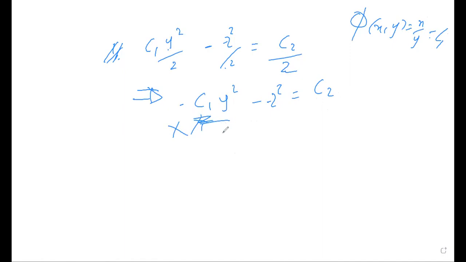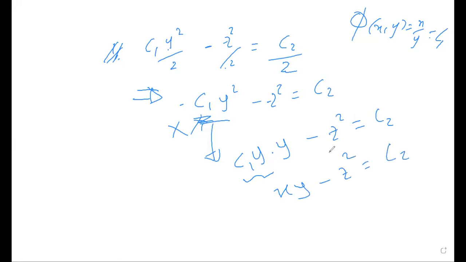So what I'm going to do is rearrange again after solving. See, I can write C1 y times y, so y squared, like y and y, minus z squared is equal to C2. So what is C1 y? It's already given, isn't it? xy minus z squared is equal to C2. This is my C2. This I can take as psi (x, y).